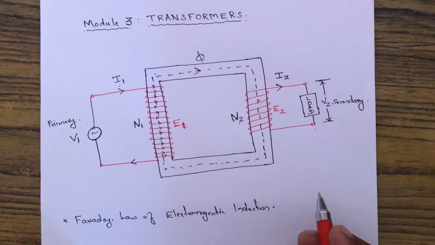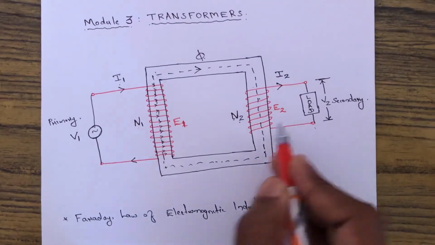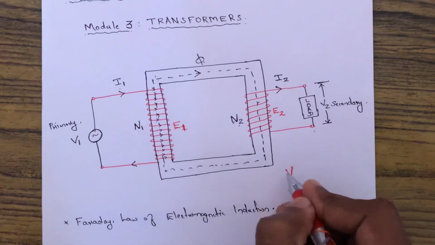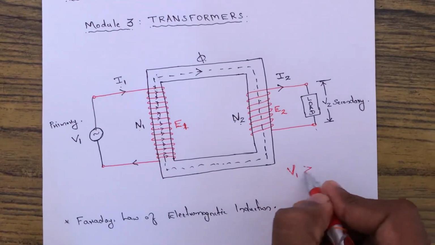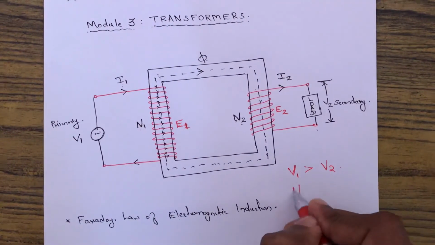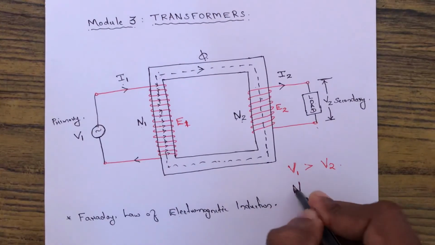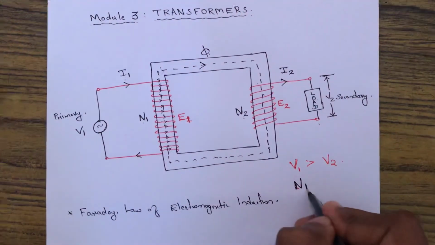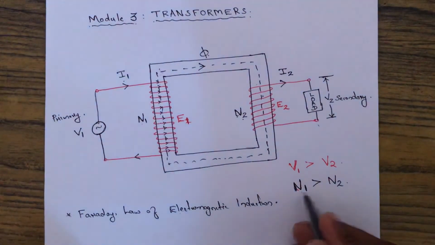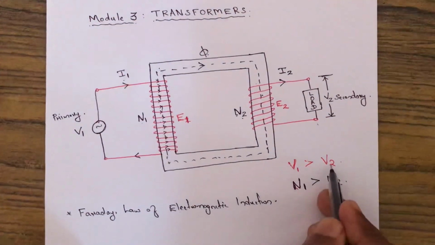Here I have drawn a step down transformer, because V1 is greater than V2. Why? Because the number of turns in the primary side is greater than the number of turns in the secondary side, N1 is greater than N2, therefore V1 will be greater than V2.